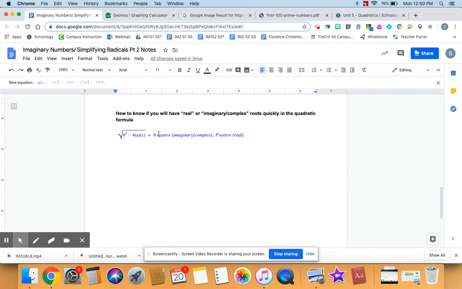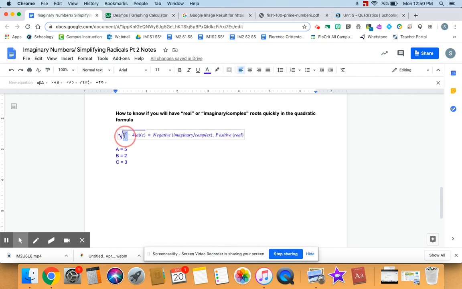So some quick ways to think about it is like, let's say my a is 5 and my b is 2 and my c is 3. Okay, in this situation, it's going to be imaginary because the b squared, this first number, 2 times 2 is just 4.